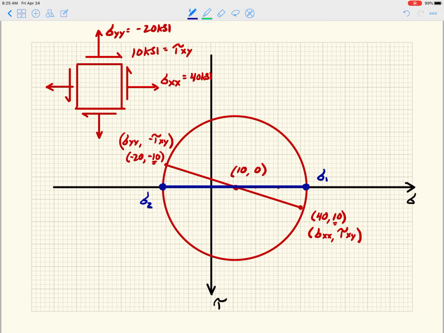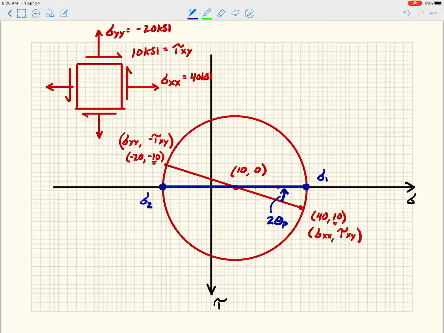Okay, so then I can come in here, maybe I'll keep it blue, and I can define this angle here, right? That angle there is 2 times theta p. Let me do that a little bit clearer. 2 times theta p, right? Now, why is it twice?